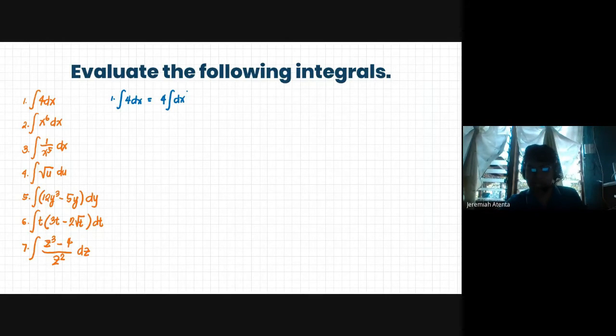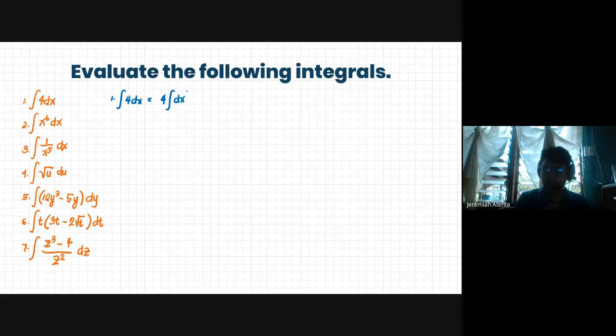Ayan. Okay? Now, what is again the integral of dx? Kindly write it down in the comment section. If you are really listening, what is the integral of dx again? We have x plus c, or you can just have x. Then you will have plus c later. Okay? So we know the integral of dx is just x.